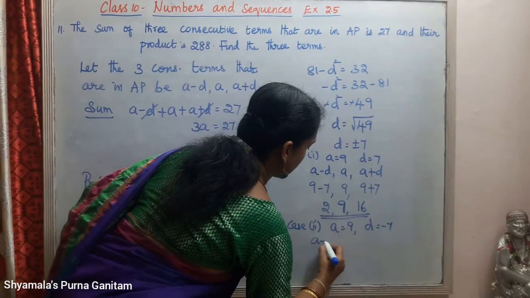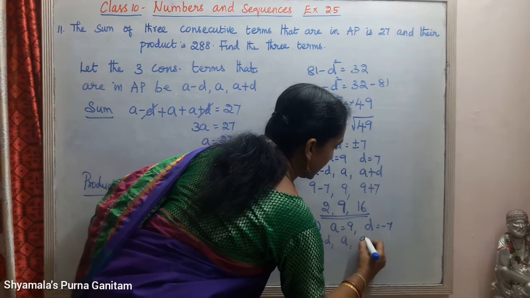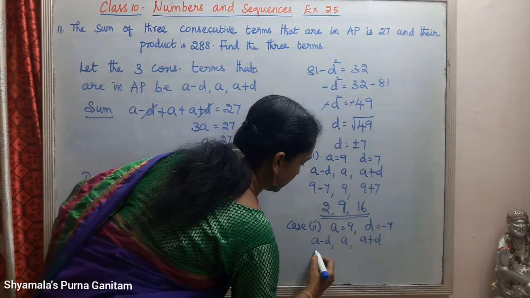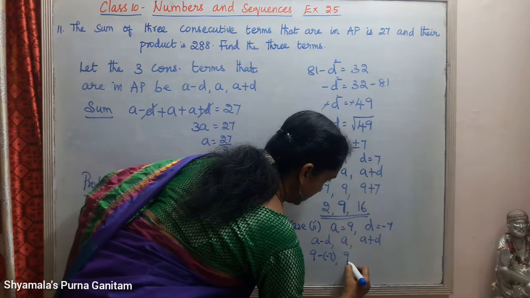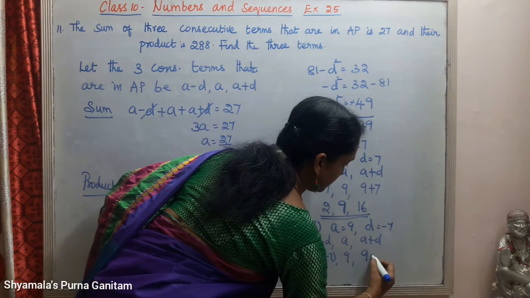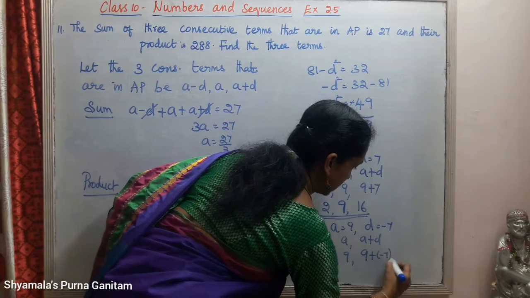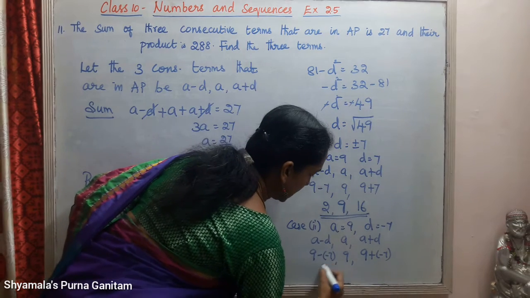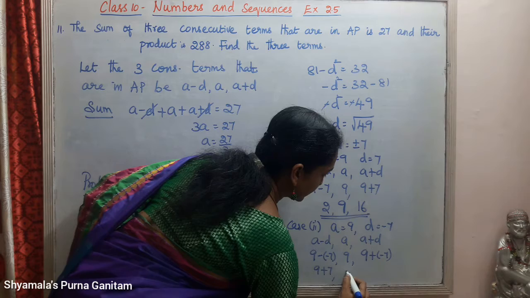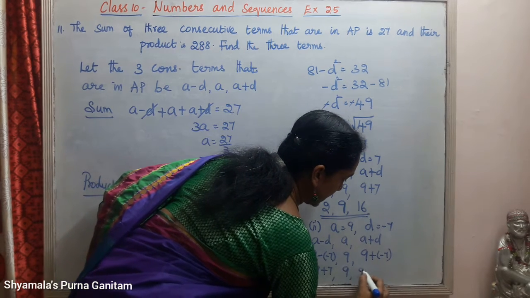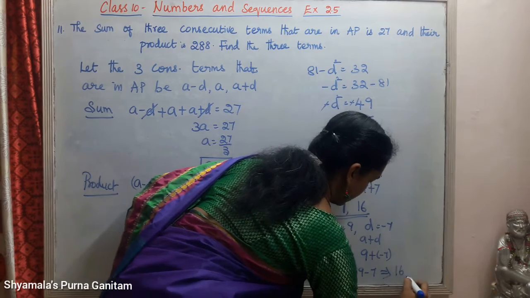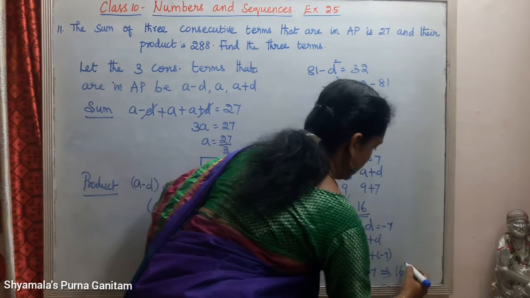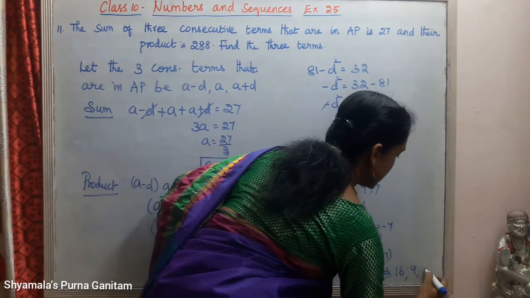Then case 2 is if A is 9 and D is equal to minus 7. So A minus D, A and A plus D, when we substitute, 9 minus minus 7, 9 and 9 plus minus 7. So 9 plus 7 is 16, then 9 and then 2.